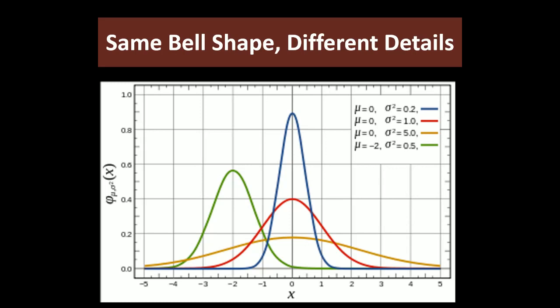Whereas the yellow one has the same mean, but it drops off much slower. It's much more spread out. The green one is just showing that you can slide that mean anywhere you want, up or down, to whatever value you want. So these all look different, but they're really the same thing.